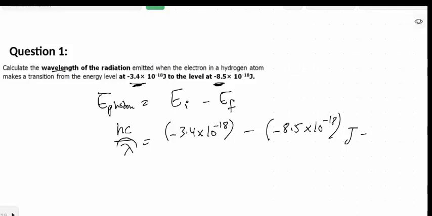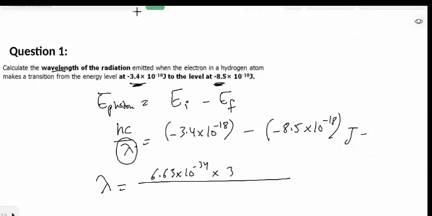So I need to find the wavelength. Lambda will be equal to hc, 6.63 times 10 to the power minus 34 times 3 times 10 to the power 8, divided by this value.